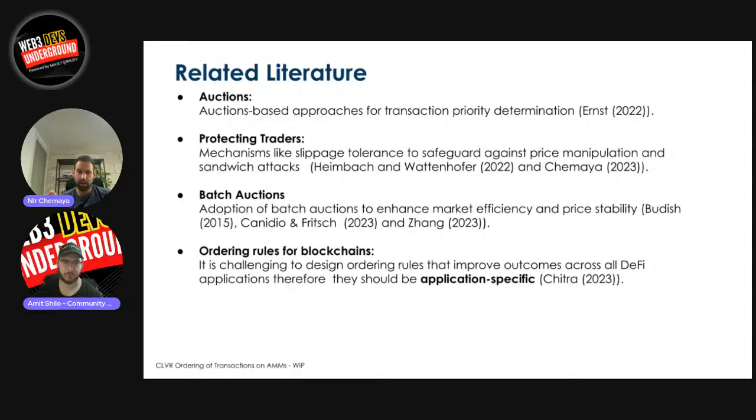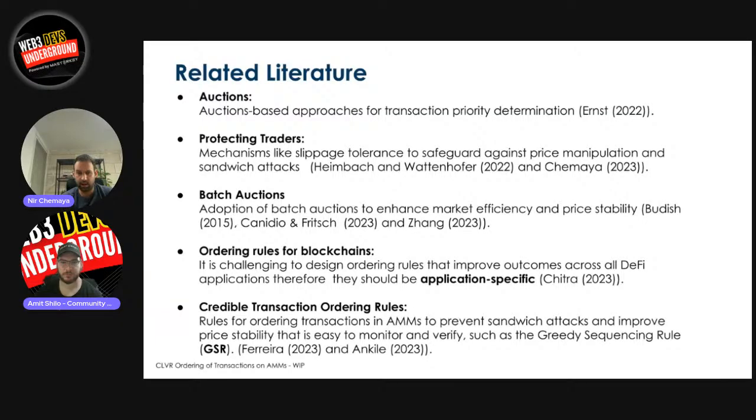But the problem is that a good order that is fair for a lending protocol or for swapping transactions is not necessarily fair in an AMM environment. So this paper tried to show that ordering rules need to be application specific. We need to come up with ordering rules that we don't implement on the consensus layer, but rather in the application layer. So we need an optimal way to order transactions for an AMM and a different way to order transactions for a lending protocol or whatever. And we're going in that direction.